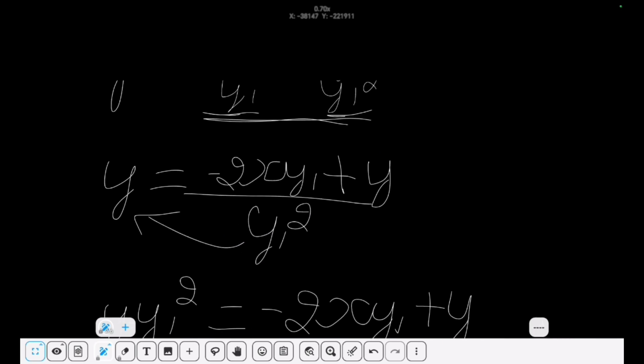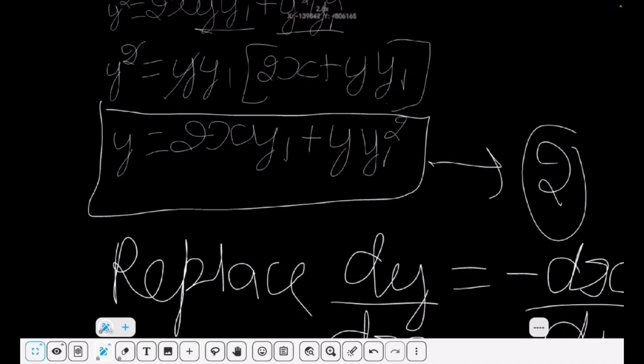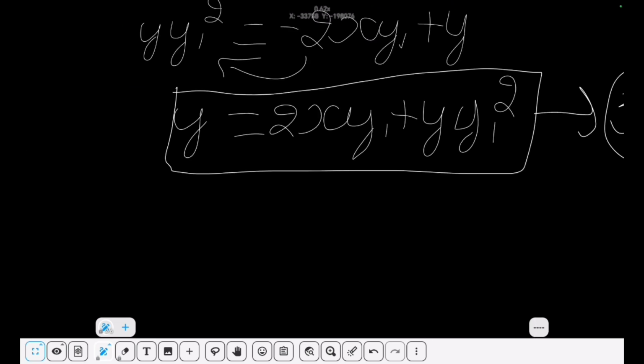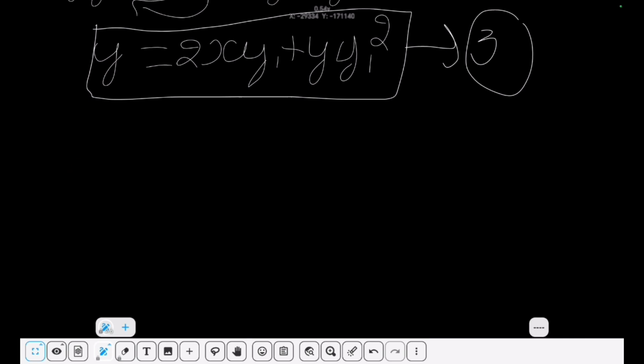Now comparing equation 2 and 3, my equation 2 was y equals 2x y1 plus y1 square. My equation 3 is y equals 2x y1 plus y1 square. Both are same, right? Yes.